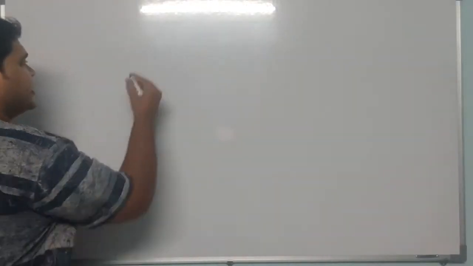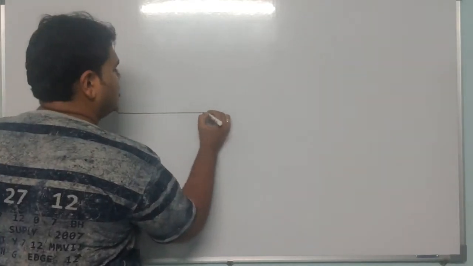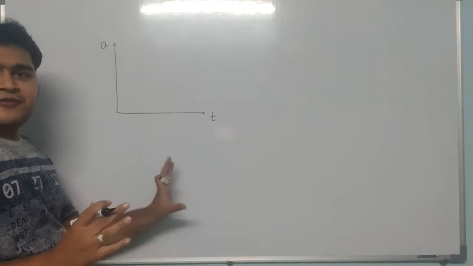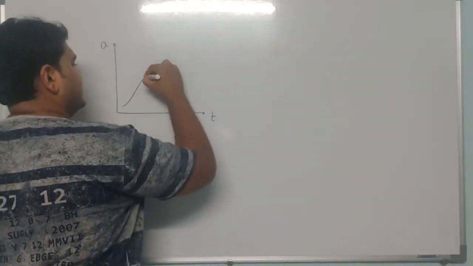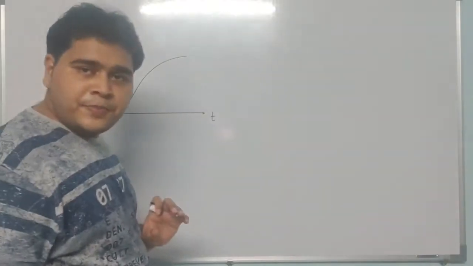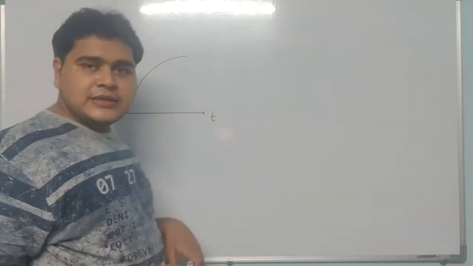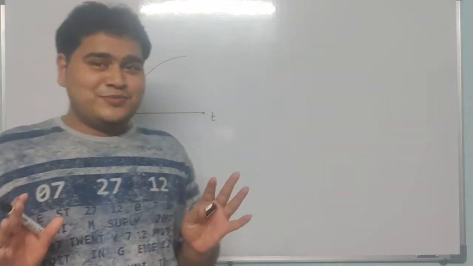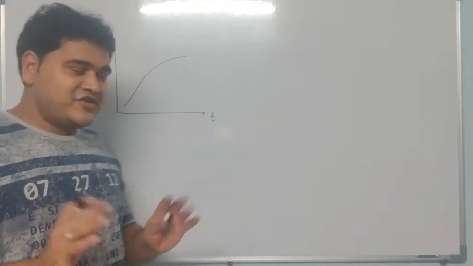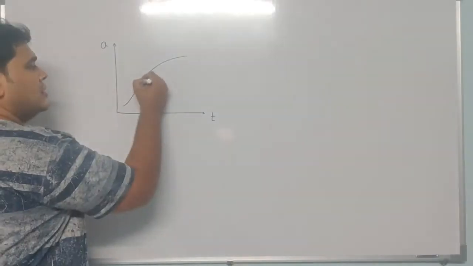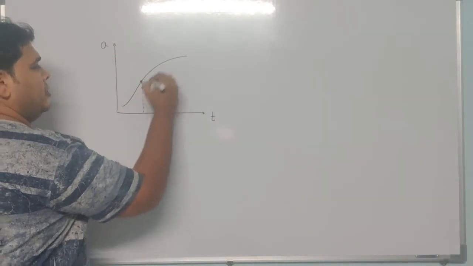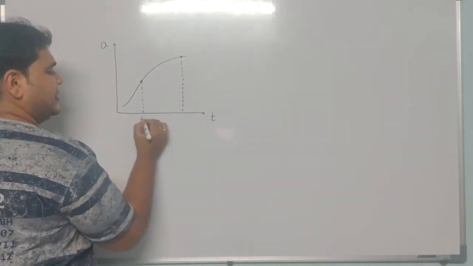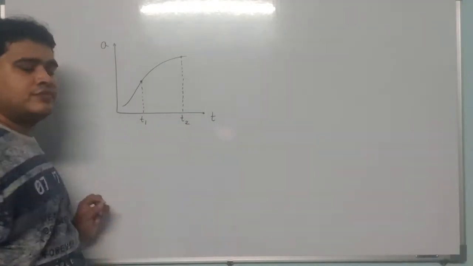So what if we have an acceleration versus time graph, something like this, and I want to find something called velocity. Now guys, this is very important and very interesting. Pay attention to this. Here I have two points marked as, say, T1 and T2.